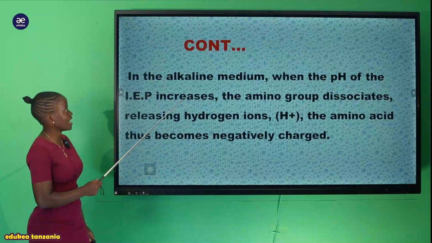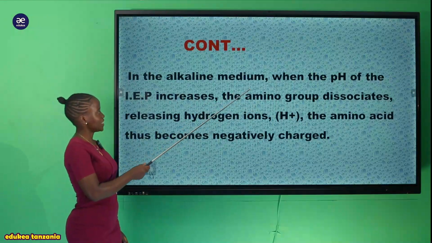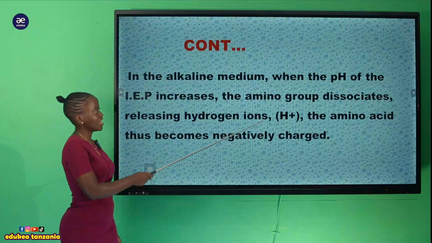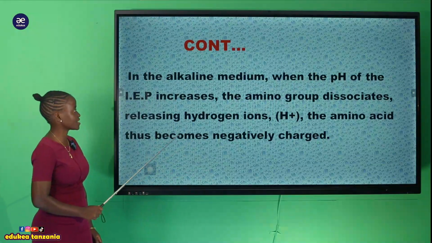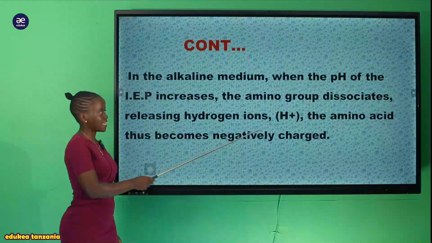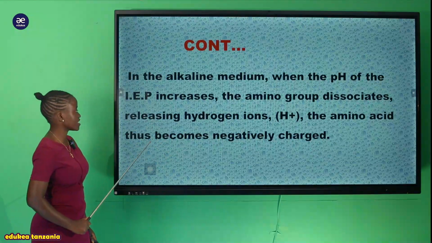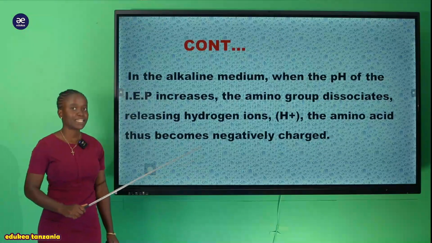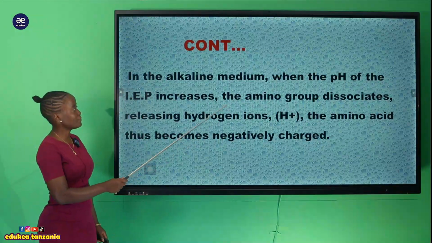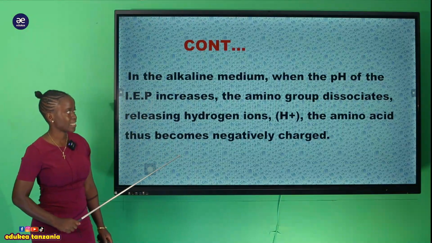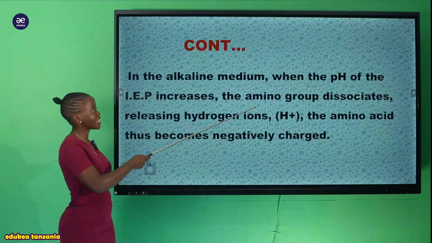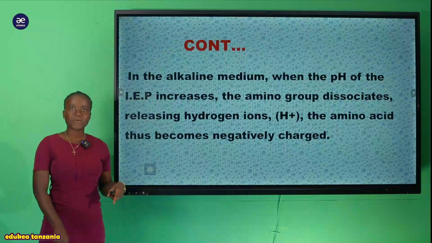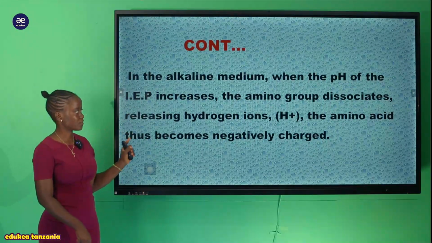In the alkaline medium, when the pH rises above the isoelectric point, the amino acid tends to dissociate, releasing a hydrogen ion. So the amino acid becomes negatively charged. Kwa hiyo ikiwa kwenye alkaline medium, pH ikiongezeka, amino acid inadissociate na kurelease hydrogen.